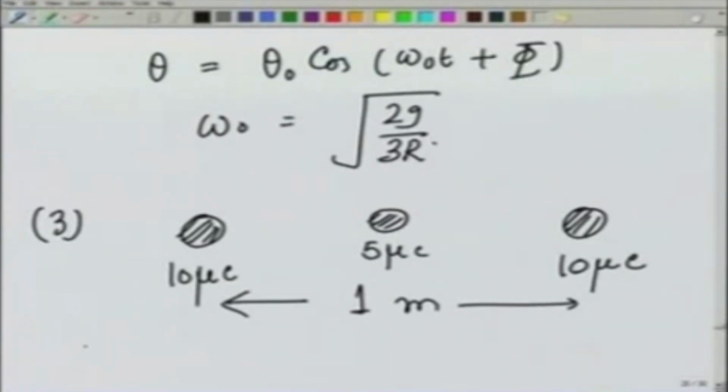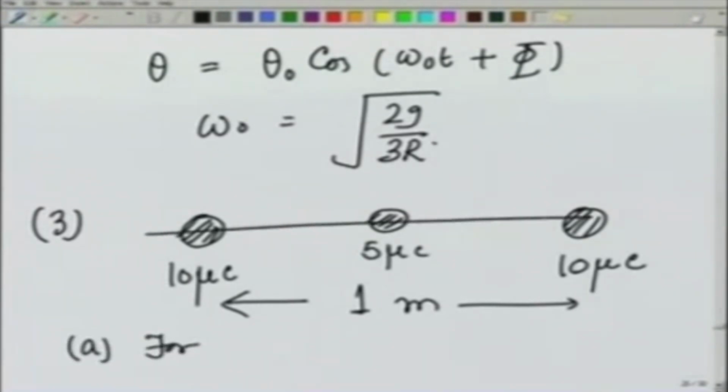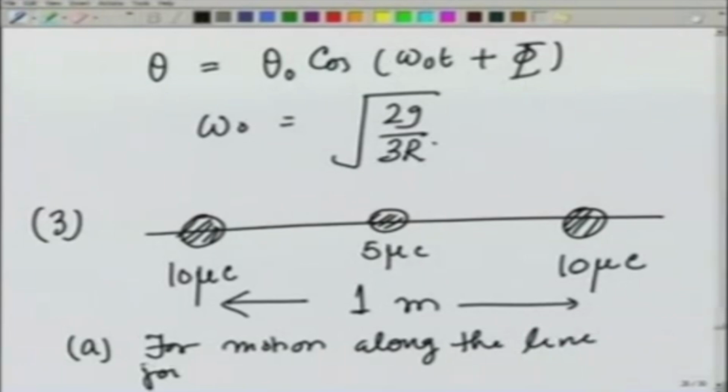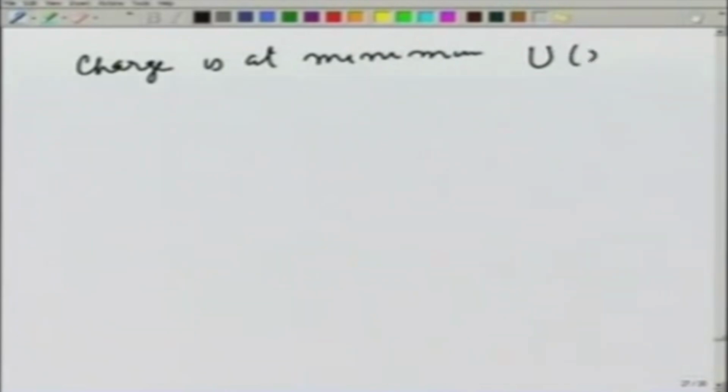I want you to show, number 1, for motion along the line joining the charges, the 5 microcoulomb charge is at minimum U of x.